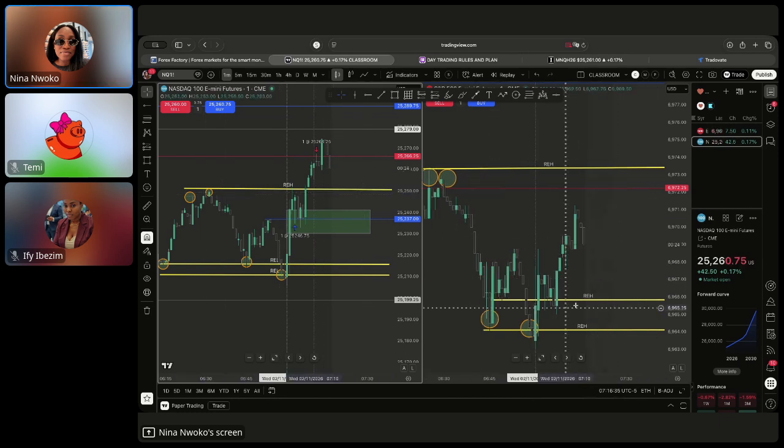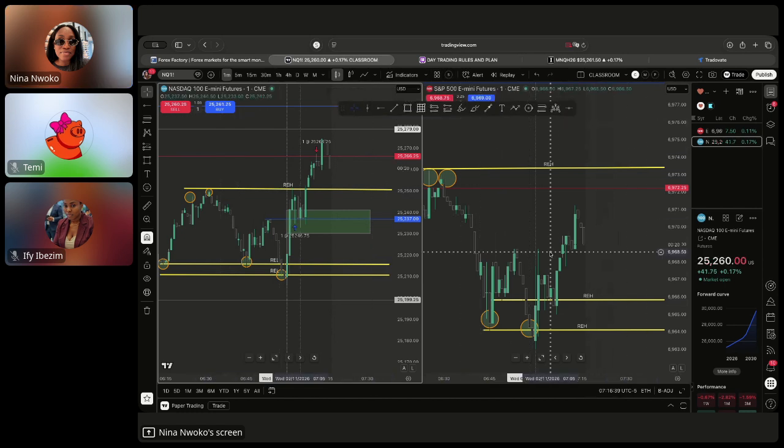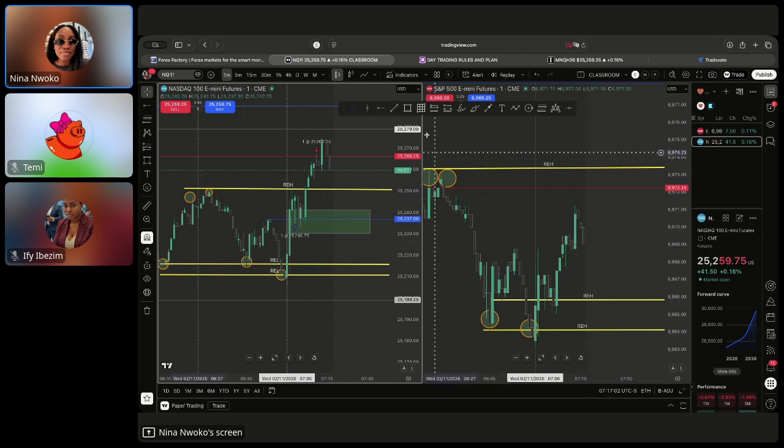The reason why I did not take a trade on ES over here is because there was no fair value gap, even though there's liquidity here. There's no fair value gap, and break of structure did not happen at the same time as it did here. The break of structure took place here faster than it did here. And the fair value gap was formed here before it was formed here.